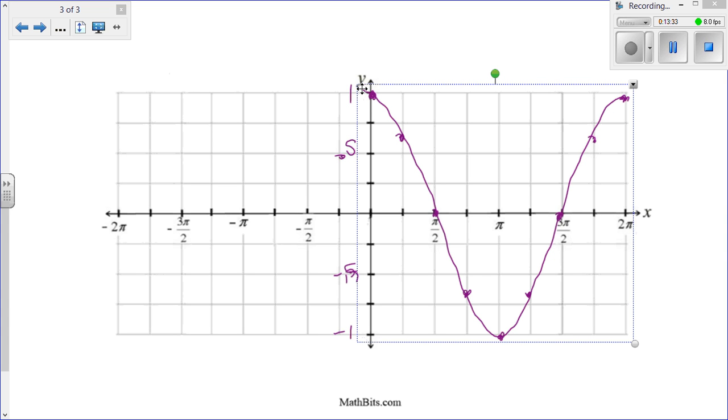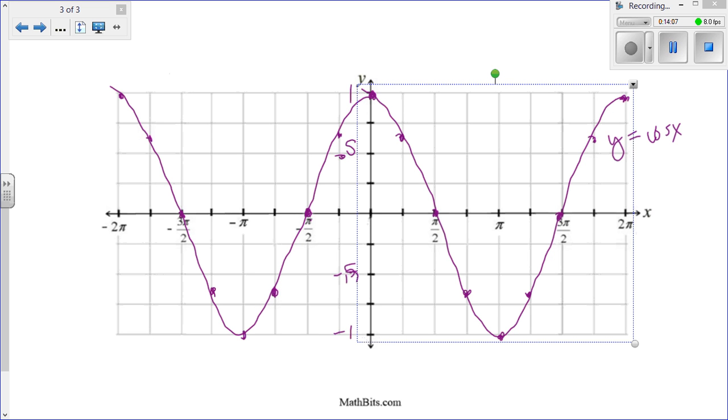And now we're going to graph the other half. So we have 0.7, 0, negative 0.7, negative 1, negative 0.7, 0, 0.7, and 1. So this is y equals cosine x.